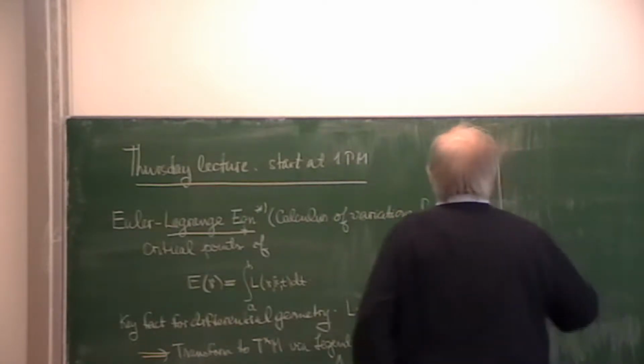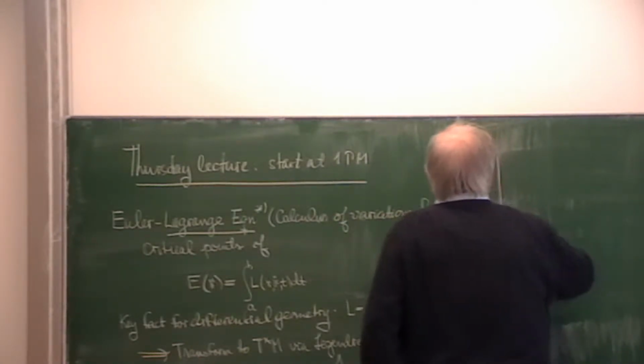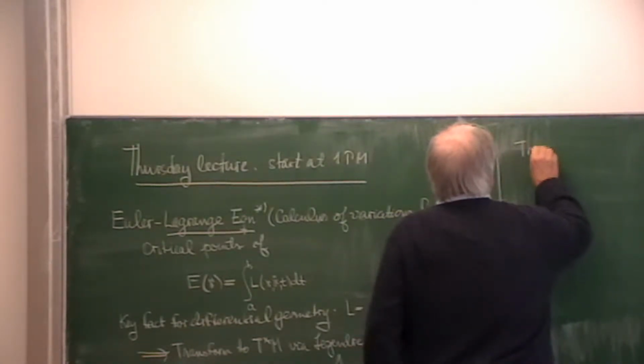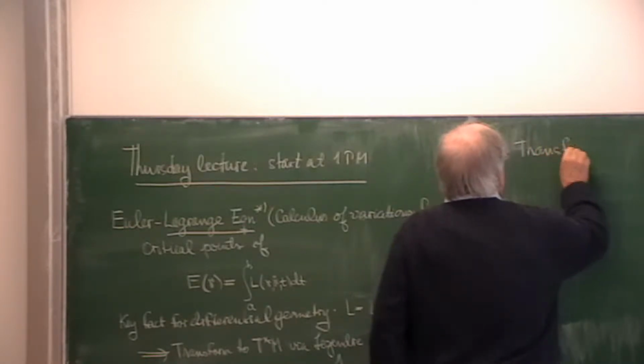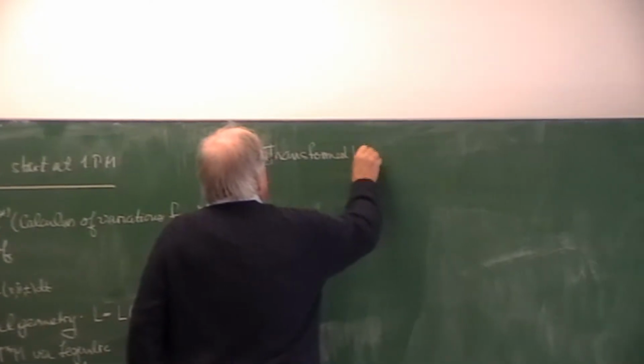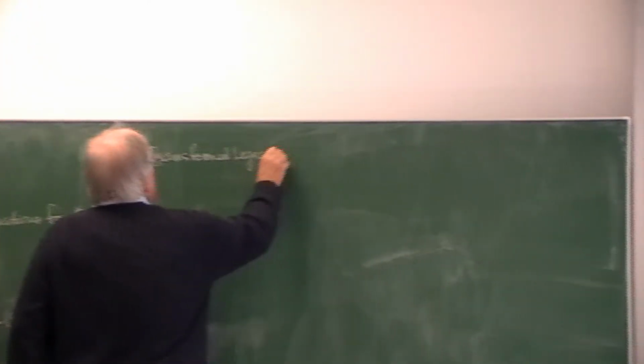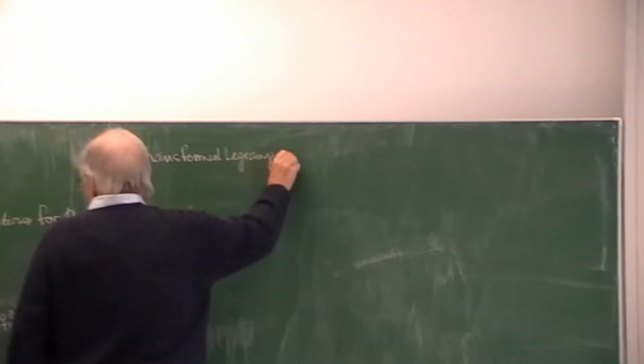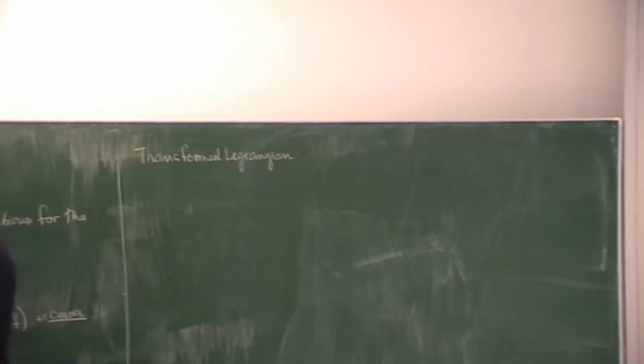So the transformed Lagrangian, so that's the thing you're trying to find the critical point of. It's this thing, L is the Lagrangian.